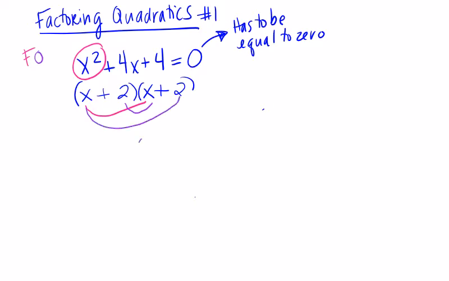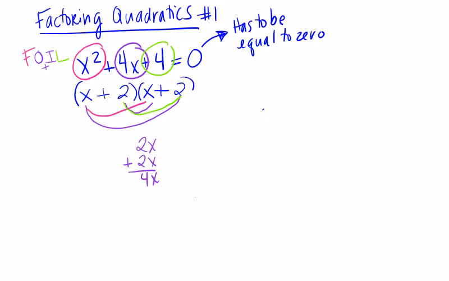Our outside, we have 2x, and we add that to our inside, which is 2x, and that gives us 4x. This is 4x, so we're good there. Then we do our last, so we do our 2 times 2, and that gives us a positive 4, so we're good there on our FOIL method checking.